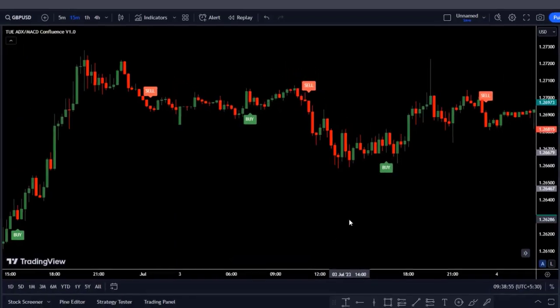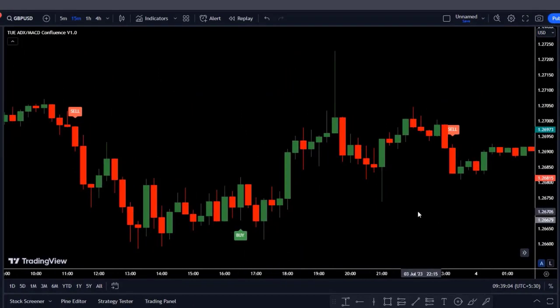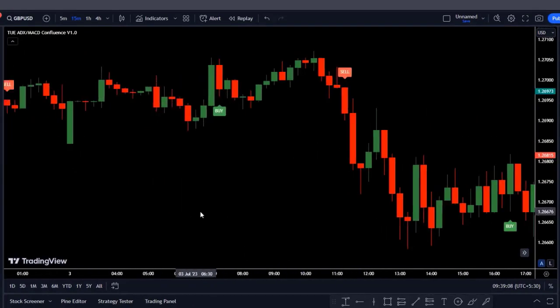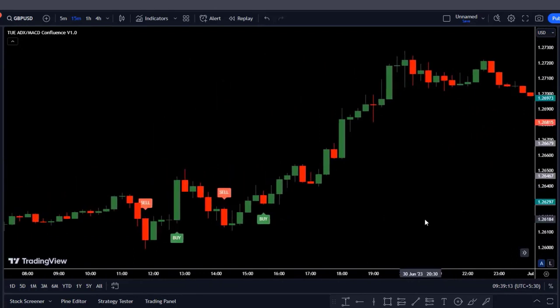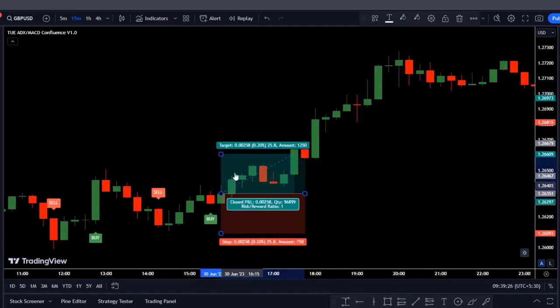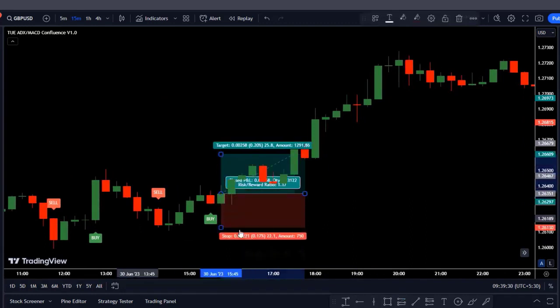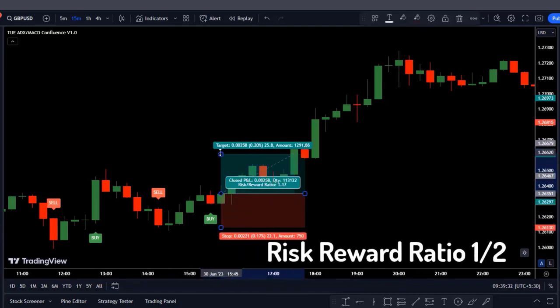Before we move on to the next indicator, let's explore how we can utilize these signals to execute highly profitable trades. The signals provided by this indicator are exceptionally accurate in capturing short-term movements, making it particularly valuable for scalp traders. When opening a long trade based on the indicator's signal, it's crucial to place your stop loss at the latest swing low.